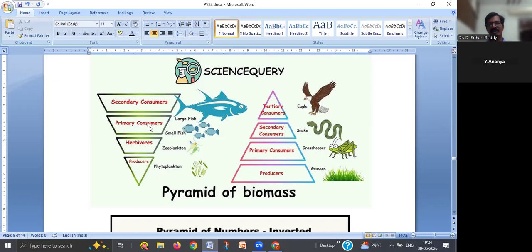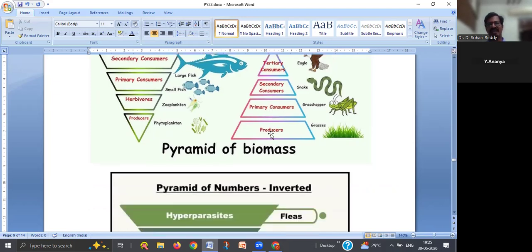And the primary consumers' biomass is more than the herbivores. And the secondary consumers' biomass is even more than the primary consumers. So we see the inverted pyramid in the case of the marine ecosystem. In the marine ecosystem, the pyramid of biomass is inverted.